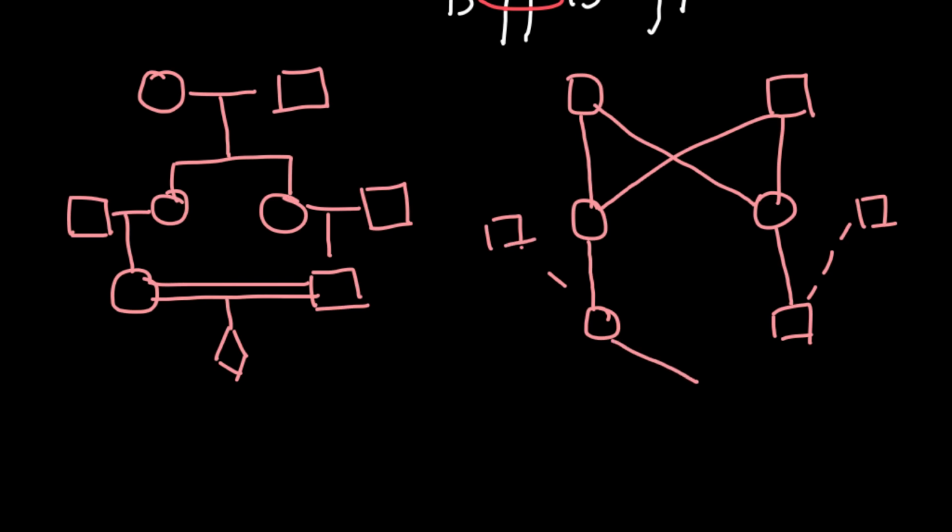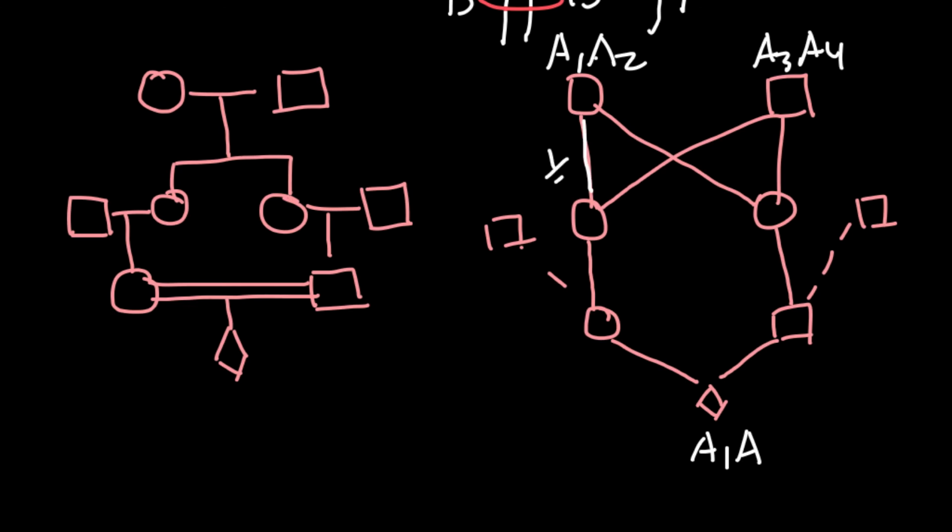And now we have to calculate the probability for the child to be inbred. This time we would have A1, A2 alleles here, and A3 and A4 alleles here. So what is the probability for this child to be A1, A1? 1/2 probability to get the A1 allele here, and 1/2 probability here, another 1/2, 1/2 and 1/2.